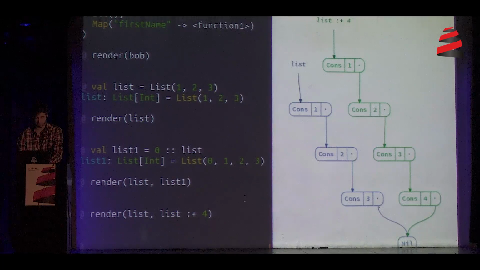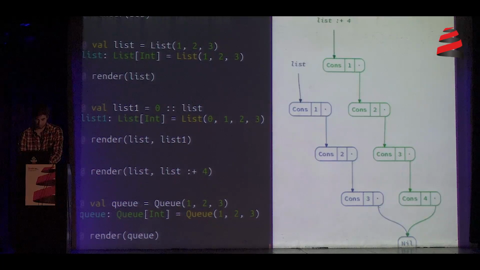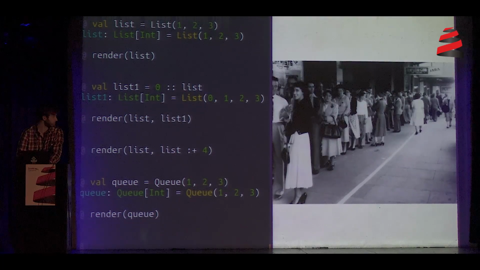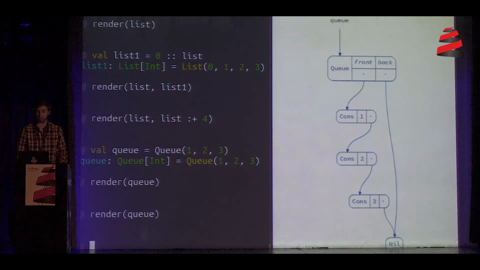Another data structure that we can take a look at is a queue. So fairly simple to construct again. Oh, sorry, that's the wrong queue. So a queue actually has two lists, one for the front part of the queue and one for the back part of the queue.